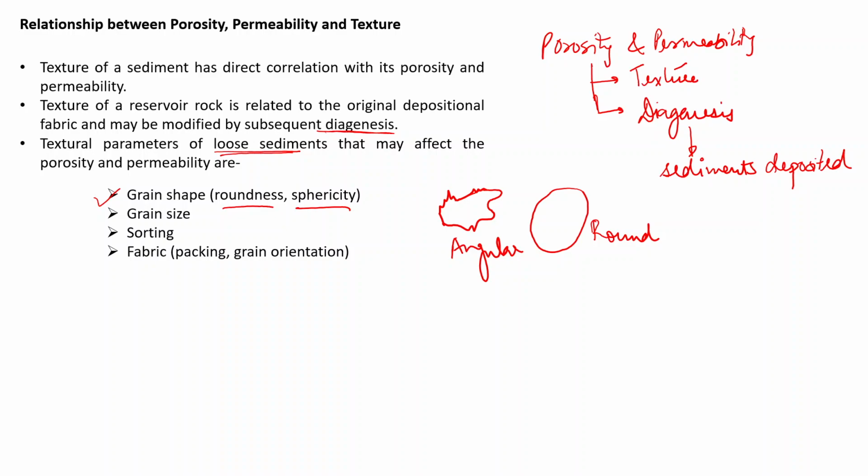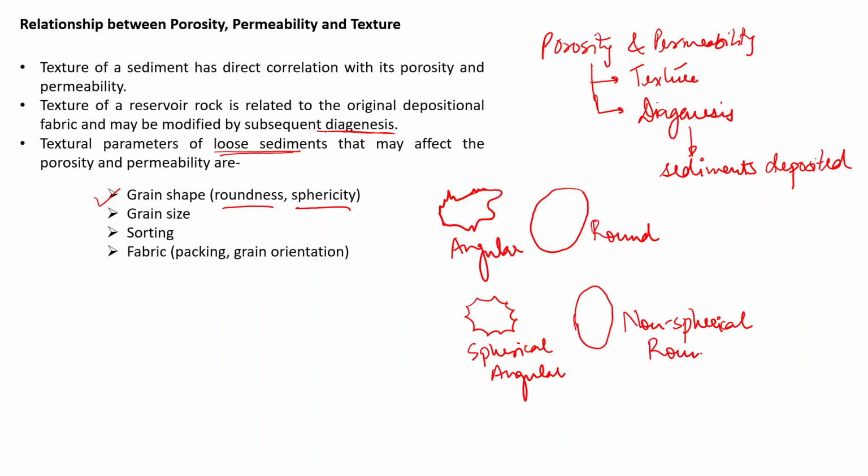So you may have an angular grain which is spherical. This is a spherical but angular grain. While you may have a non-spherical and round grain.